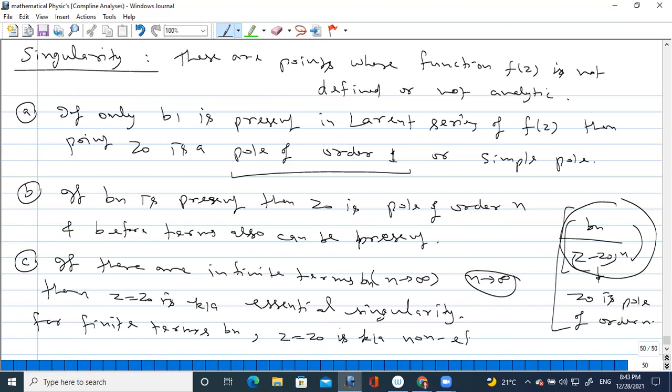In some options you can find non-essential singularity. The meaning is that n is finite here, so there are finite terms of Bn. Okay, note it down.